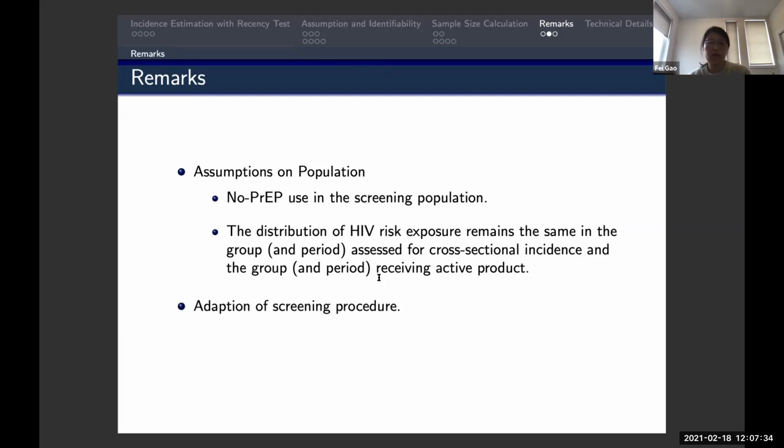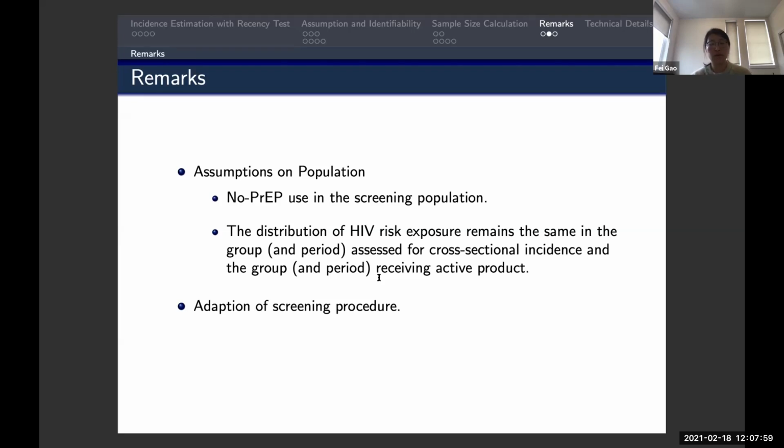One thing I would like to remark on is that this proposal of making use of recency tests in the screening population will make a huge change in the screening procedure. Traditionally, screening is just for examining eligibility criteria, and most importantly, we only care about the HIV negative subjects who will be recruited in the trial.